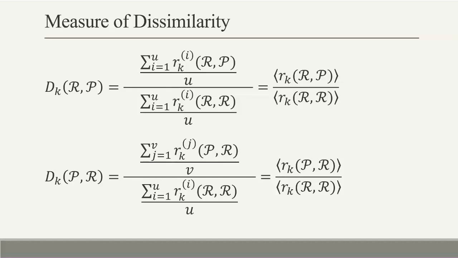So I'm scaling this one with the average of the radius of a set and itself, and define this scaled value as my distance between the reference set and my prediction set.